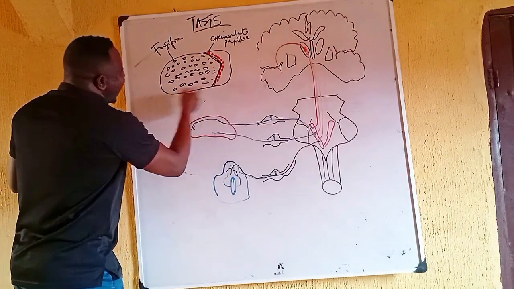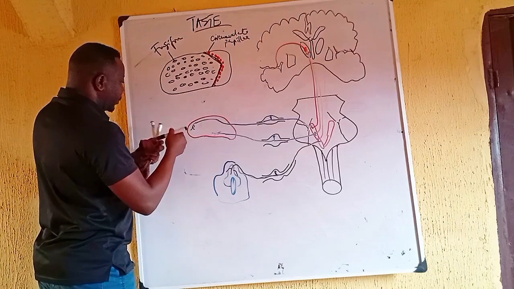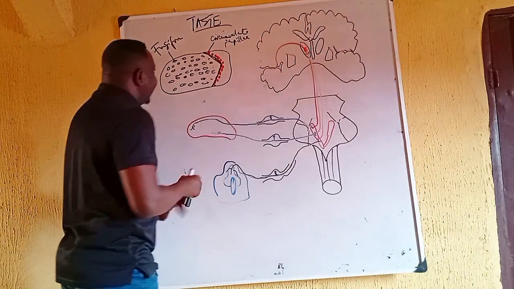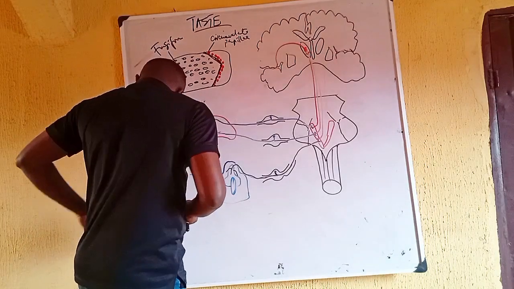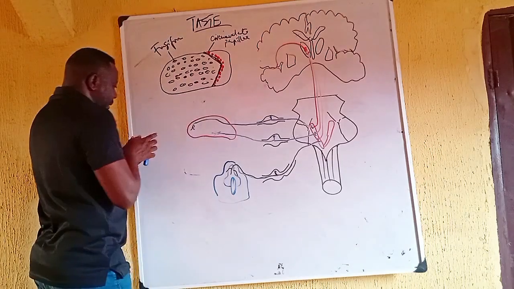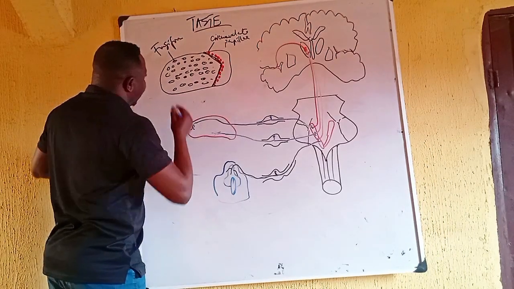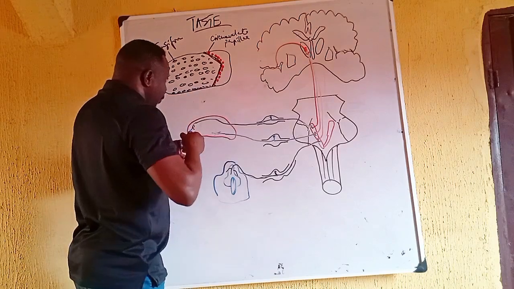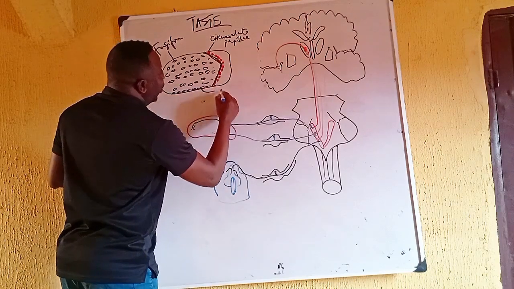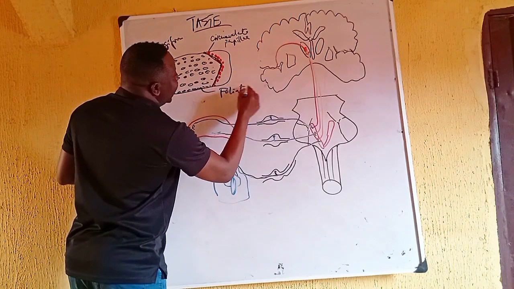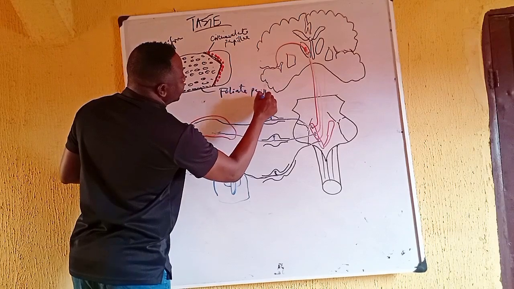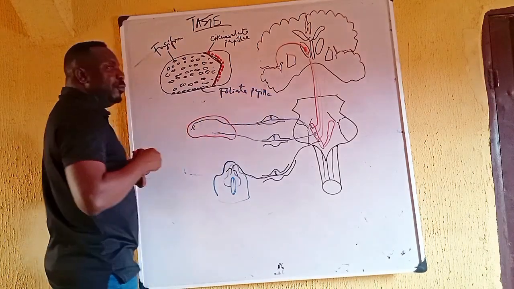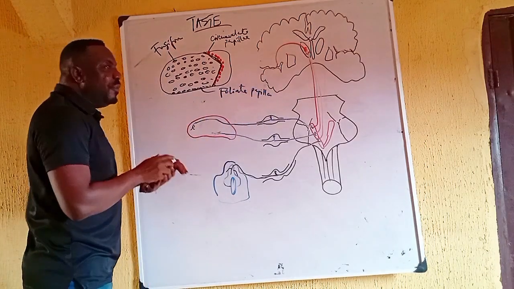Then, around the side of the tongue, let me use another marker to represent this. Around the lateral part of the tongue, we have another papilla which is called the foliate papillae. Then we also have what is referred to as the filiform papillae.